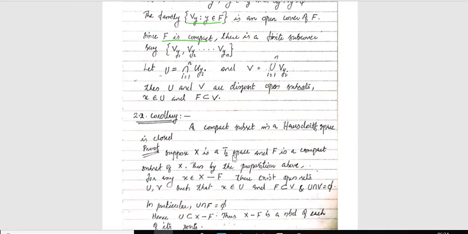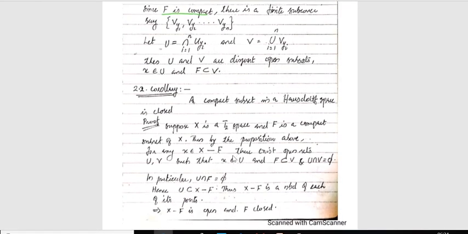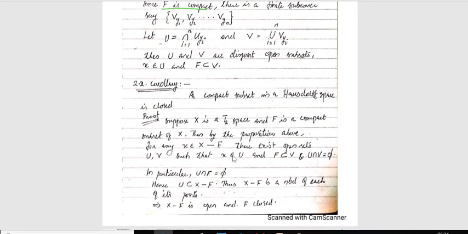Now 2.2 Corollary. A compact subset in a Hausdorff space is closed. I repeat, a compact subset in a Hausdorff space is closed. So suppose X is a T2 space, that is a Hausdorff space, and F is compact. What we want to prove is F is closed.